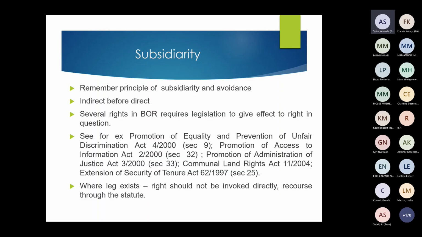So before we declare something as being unconstitutional, we'd rather see if we can interpret a piece of legislation or a rule of common law using the values that underlie the Bill of Rights before we strike something down as being unconstitutional. You'll also find that in the Constitution there are a lot of rights, and I provide a couple of examples there, that call for legislation to be enacted to give effect to those rights.